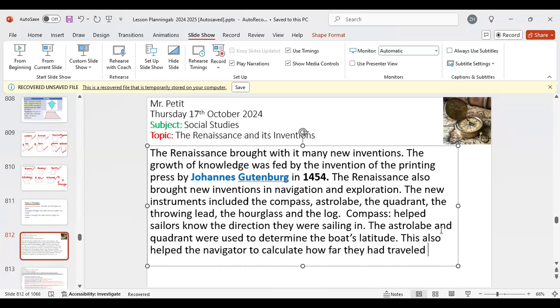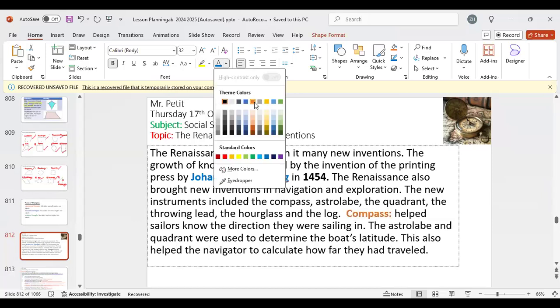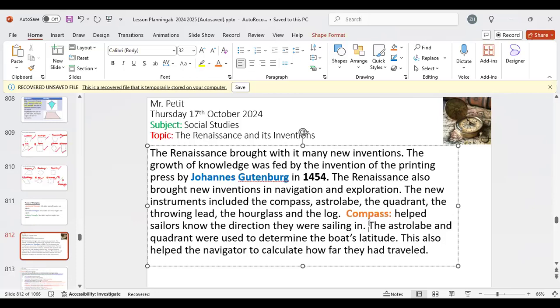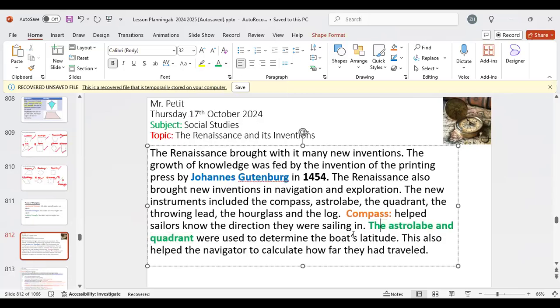So the compass helps with direction, but if I want to know how far I've traveled, I'm going to use the astrolabe and the quadrant. They're going to help me to determine how far I traveled and the boat's latitude, like where the boat is at this particular point. Okay.